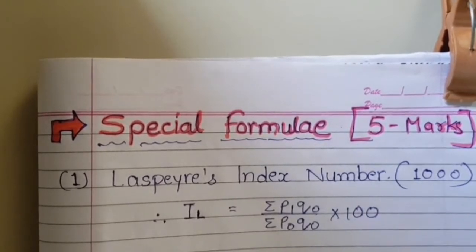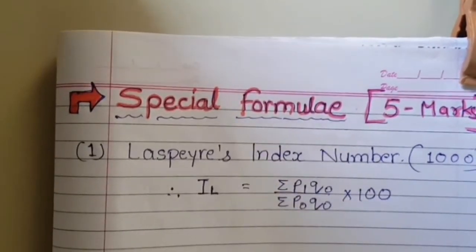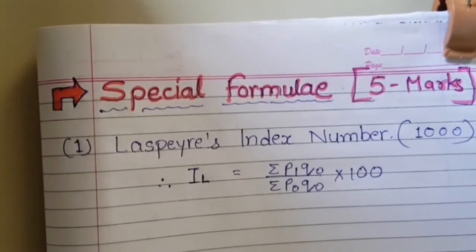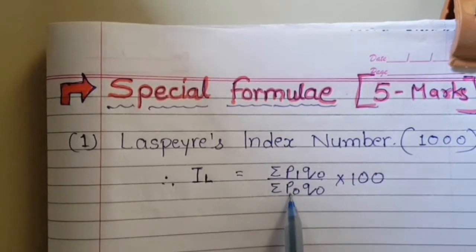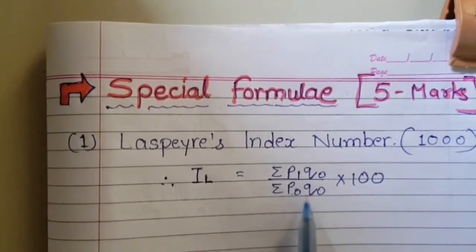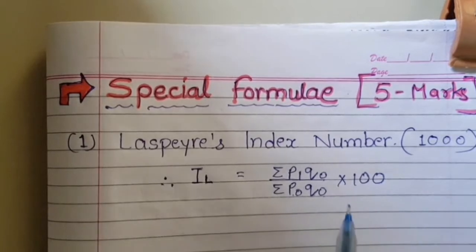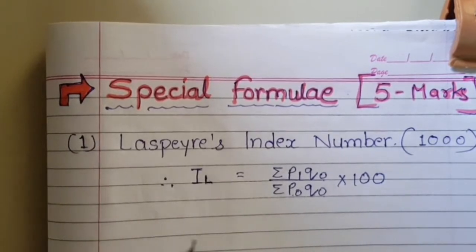So this is the last pair's index number. As you can see in the denominator, last pair has taken price and quantity, both of the base year. So it was a limitation of this formula.